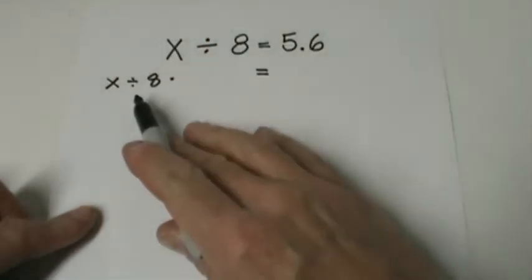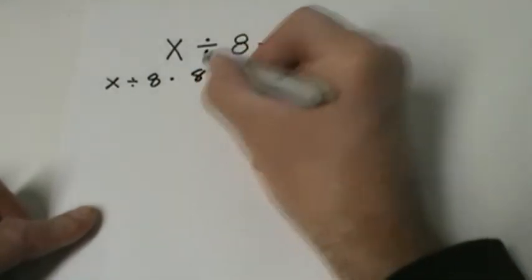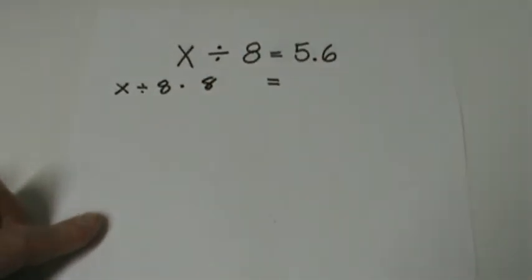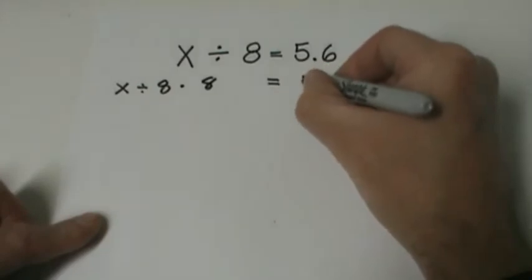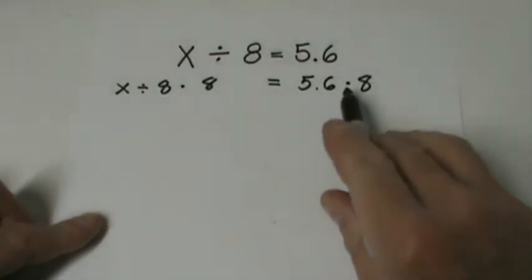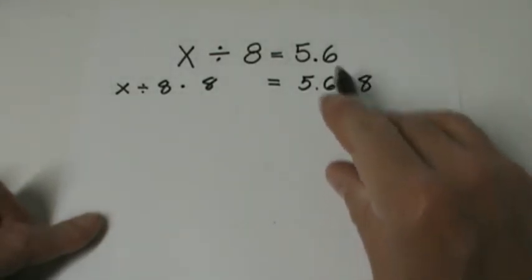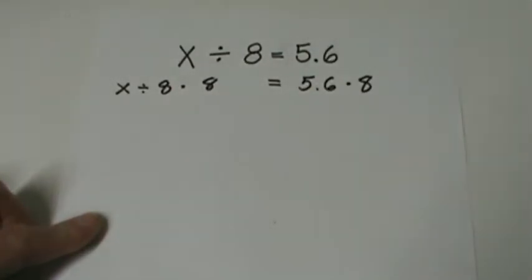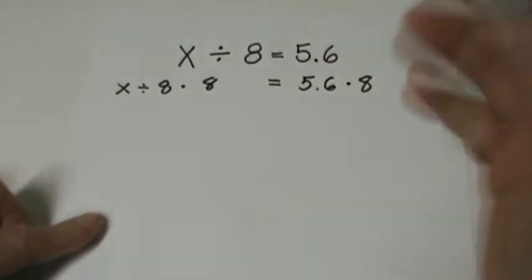So if we divide by 8 on this side, we're going to want to multiply by 8 on this side. And of course over here, we are going to have to multiply by 8 also. Now notice how I put a dot there instead of an x, because we're using x as a variable.